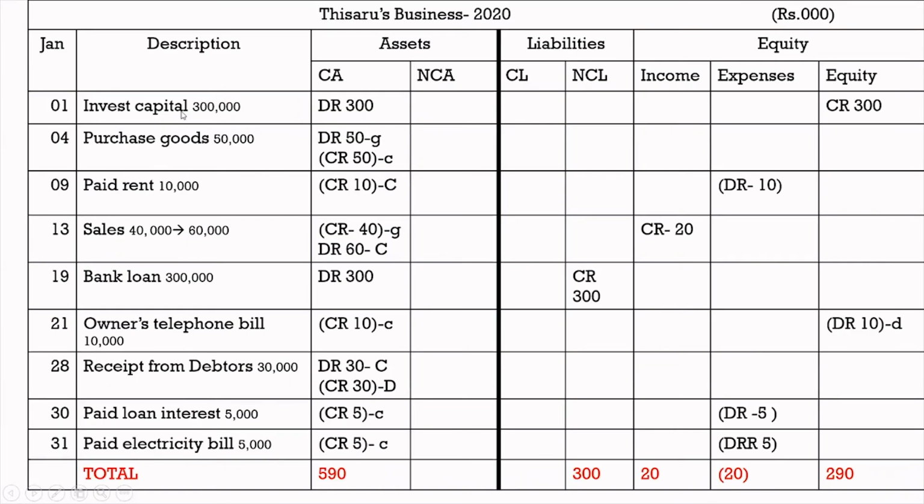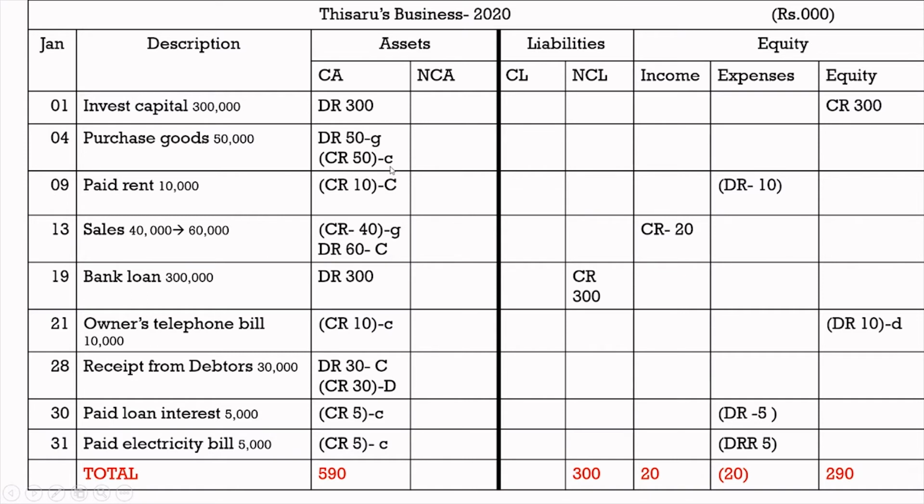When we are buying goods, the goods in the business increase. So we have to debit 50,000 under the goods account, or under the asset goods. And then since we pay cash to buy these goods, our cash reduces, so it is a credit entry.